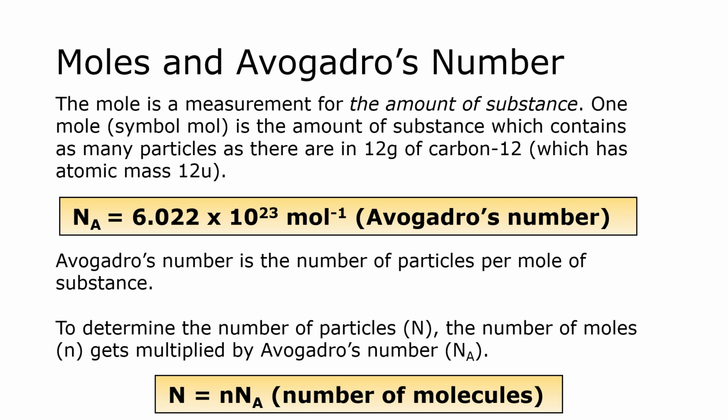And this is a very big number. So to calculate the number of molecules or particles you have in a sample, you multiply the number of moles you have by Avogadro's number. So in 1 mole of gas, you'd have 6.022 times 10 to the power 23 molecules or atoms, or just particles more generally. So that's quite a big number.